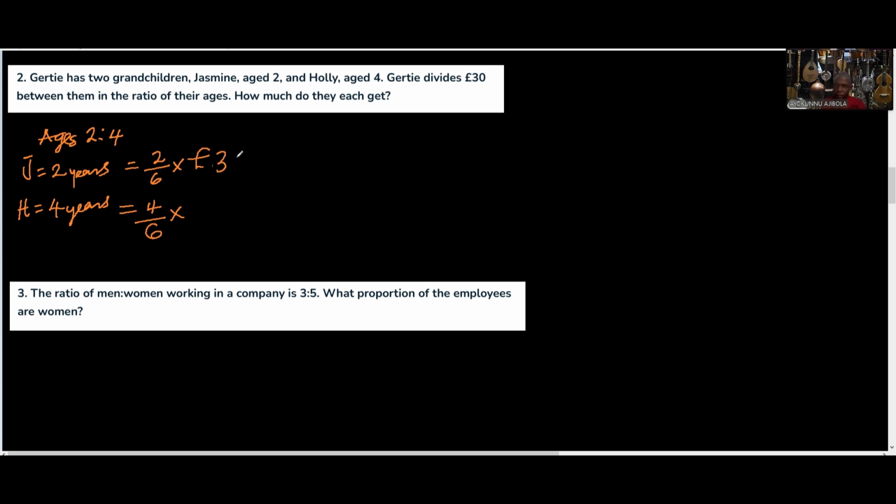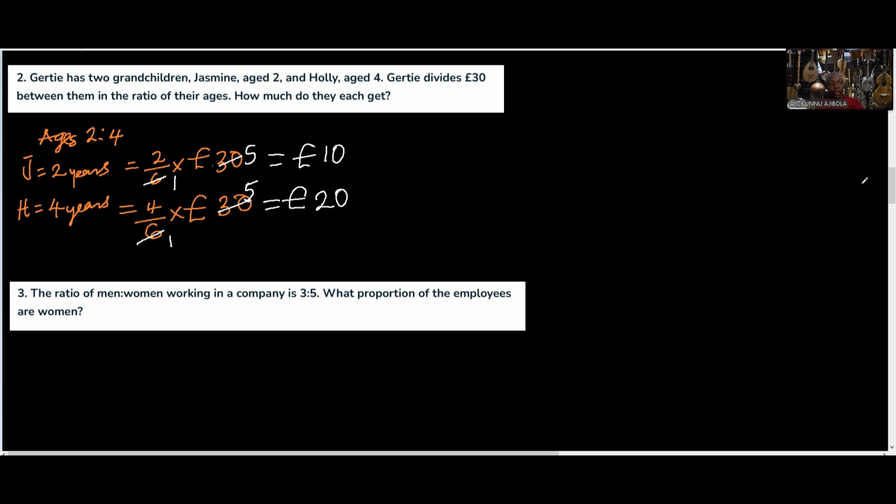Yes. So then we can say 6 into 30 is 5. 5 times 2 gives us 10 pounds for Jasmine. And 5 times 4 gives us 20 pounds for Holly.